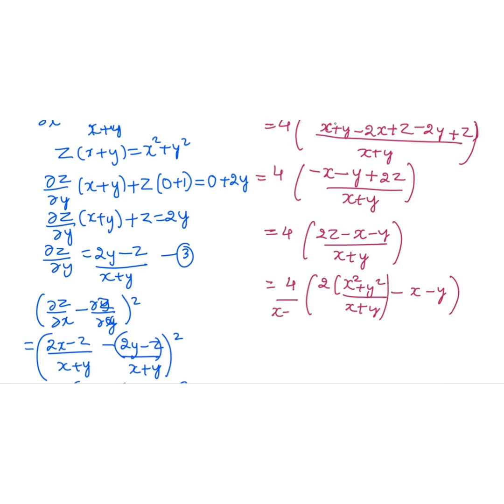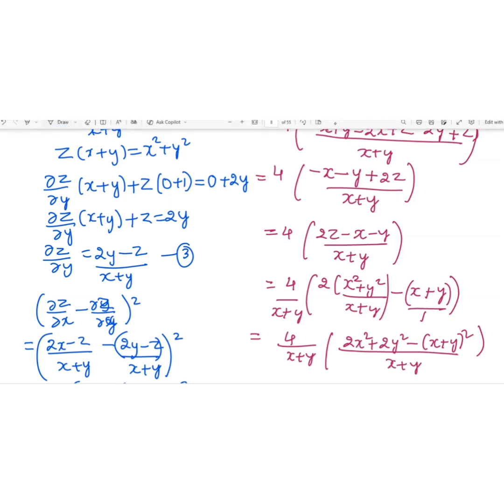Now it will be 4 divided by x plus y. Take the LCM now inside. It will be 2 into x, 2x square, plus 2 into y, 2y square. Then minus, I'll take it in a bracket, that will become minus x plus y. Multiplying the denominator with the numerator, it will become minus x plus y whole square, divided by x plus y.